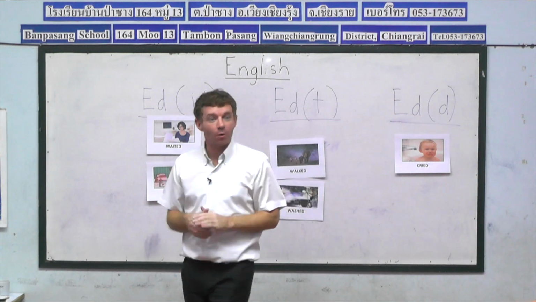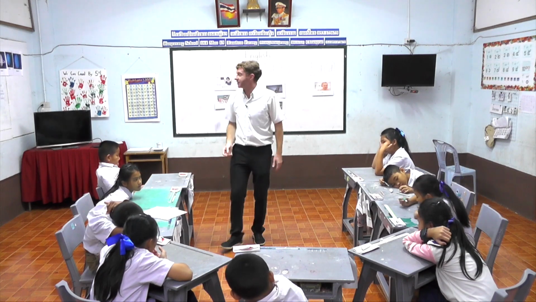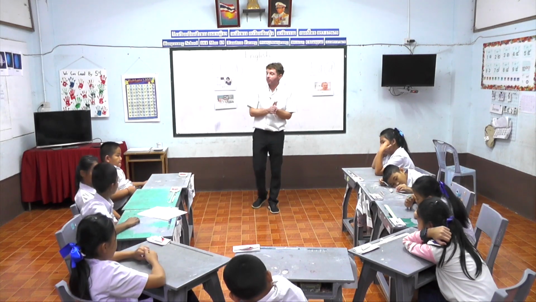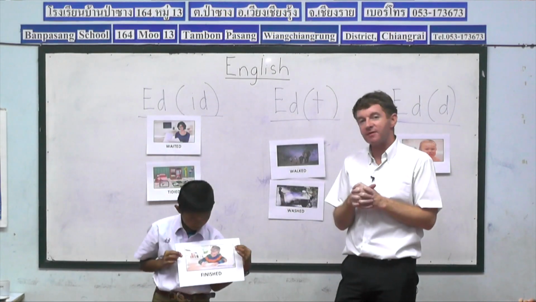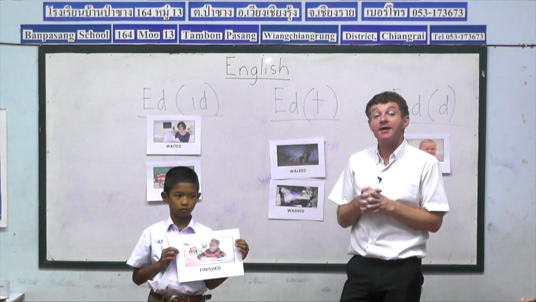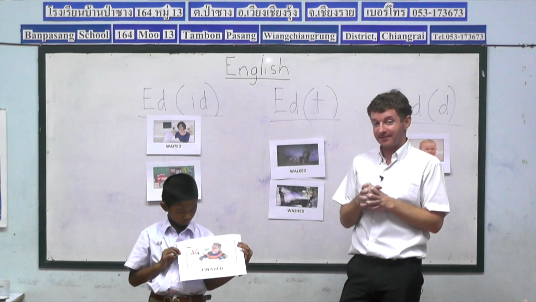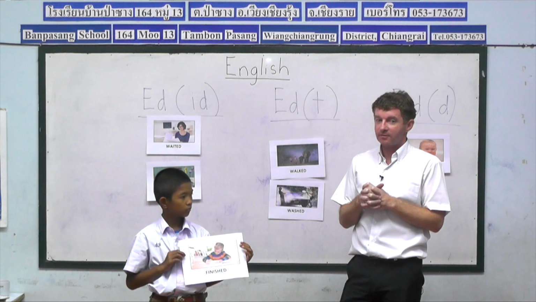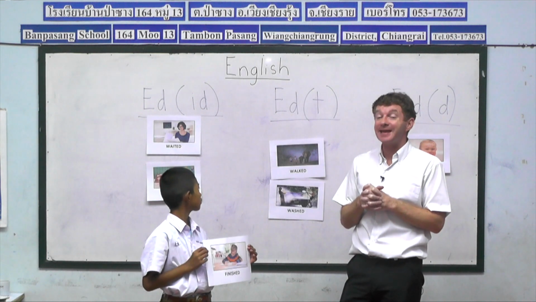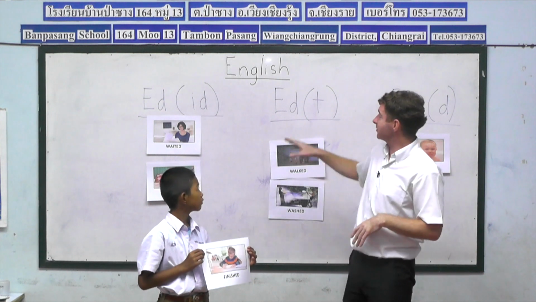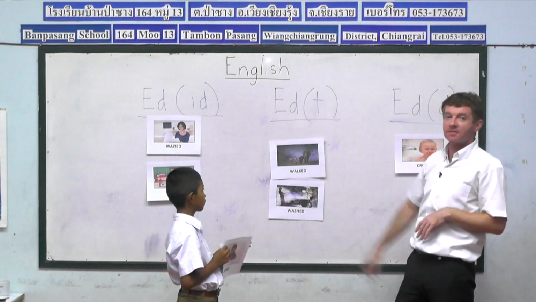Okay, now on to our next flashcard. This time for Pat. So Pat, come and join me at the front of class. And what verb word does Pat have on his flashcard? Finished. What do we think? Finished is like T. Sometimes it's hard to tell the difference between the final D and the final T sound.